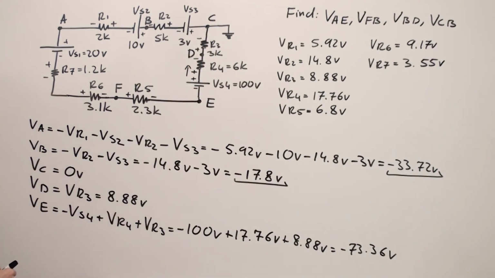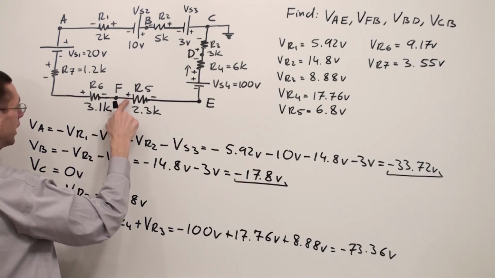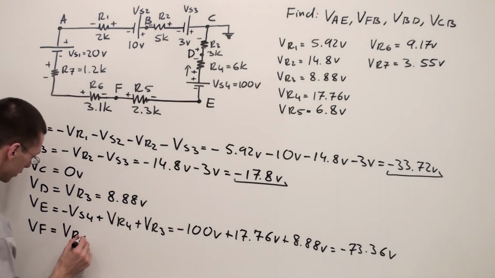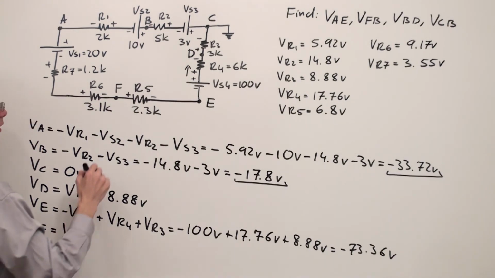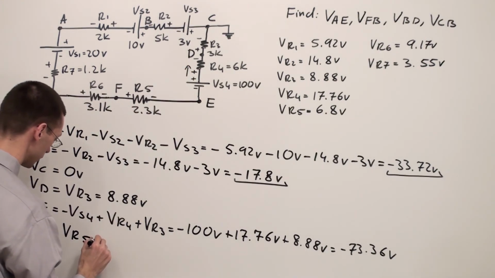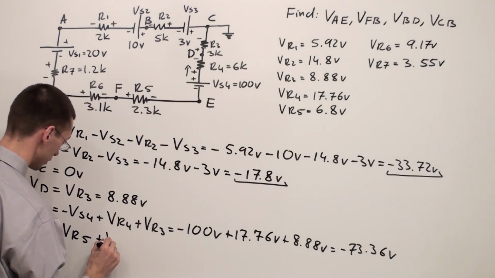Next, we're supposed to find voltage VF. VF is positive VR5, and because current goes in this direction, I'm going to write plus VE.